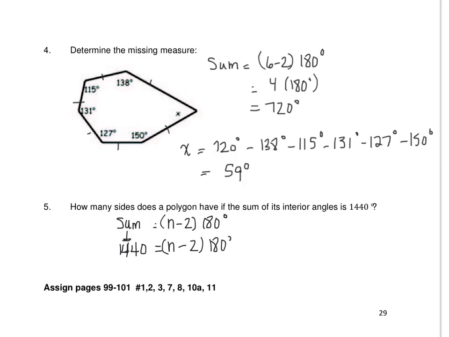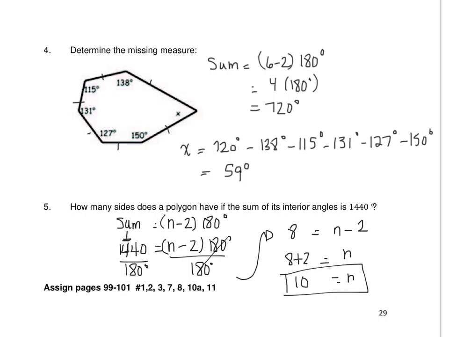What we can do now to isolate the term with n in it, we can divide the 180 out of both sides. So that's going to give us 1440 divided by 180 is 8. So we end up with 8 equals n minus 2. So if we solve for n now, we get 8 plus 2 is n. So n would be 10 sides.